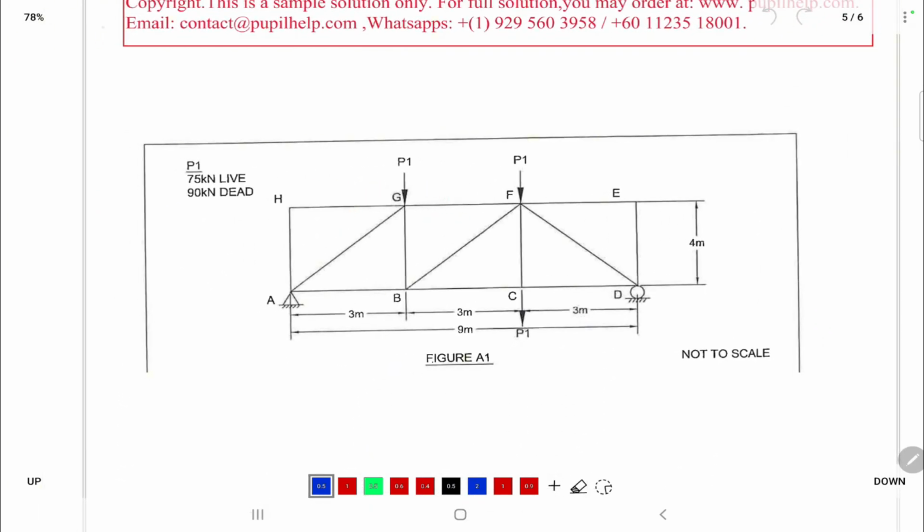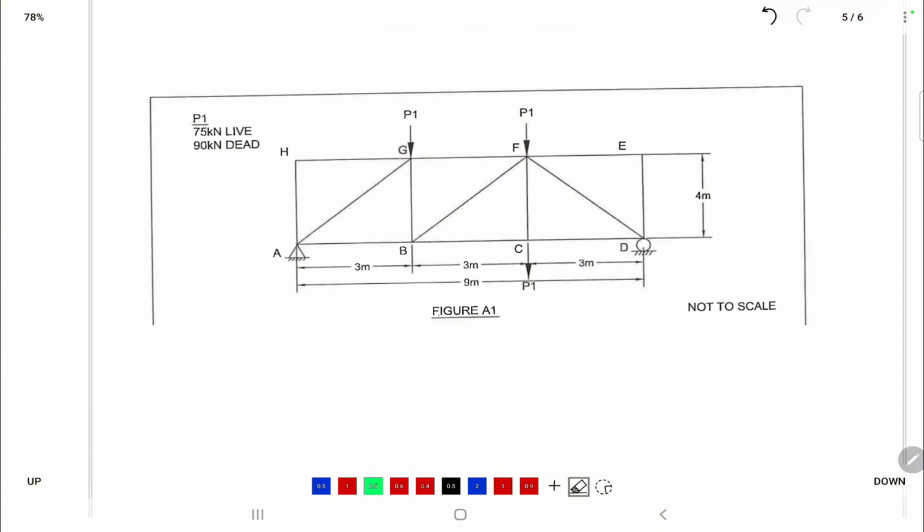Now this is a truss, and the question asks to design this one compression member, GF. So the first step is to analyze this truss and to find the force in this member GF.